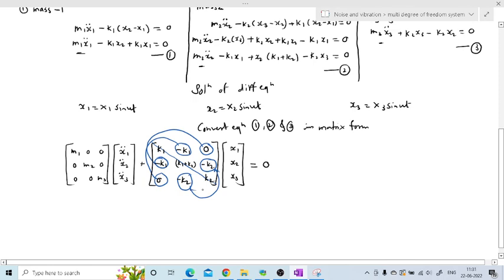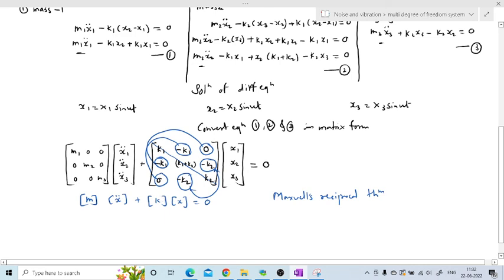Whenever we write any stiffness matrix, this is the mass matrix, this is the acceleration matrix, this is the k, the stiffness matrix, this is x, the displacement matrix, equal to 0. So m x double dot plus k x is equal to 0, which means this k is nothing but the stiffness matrix.